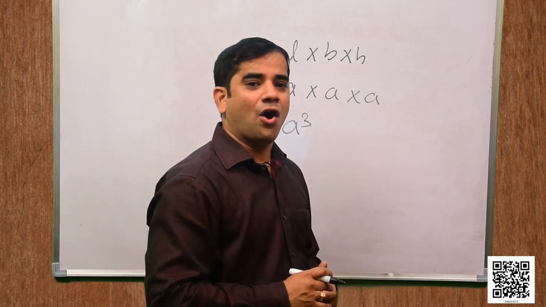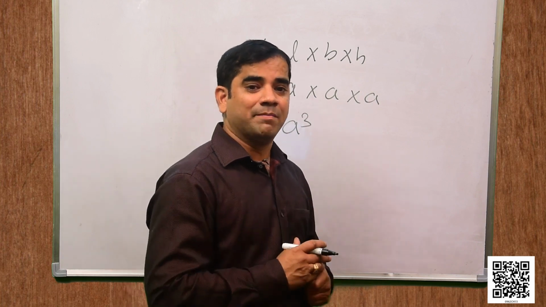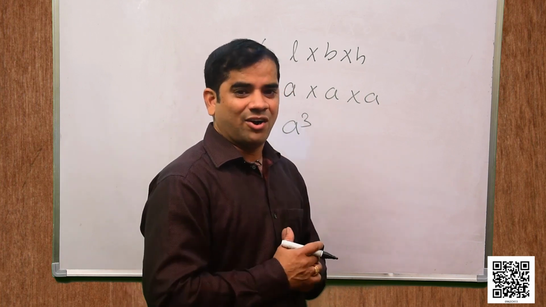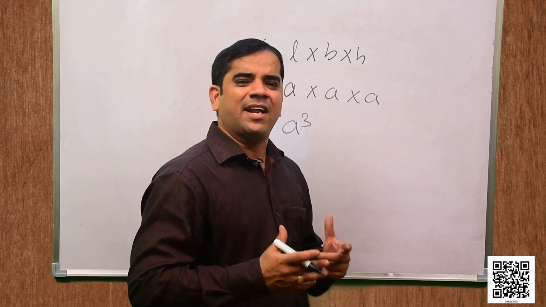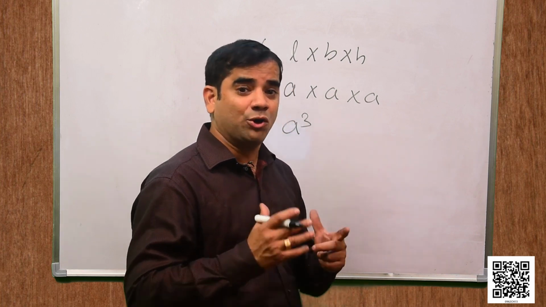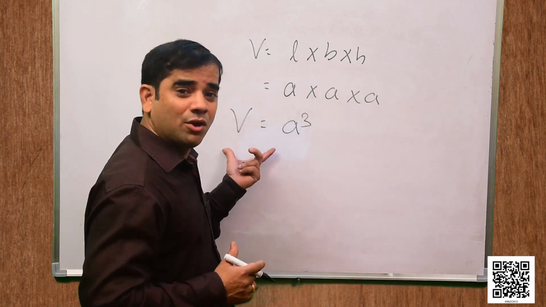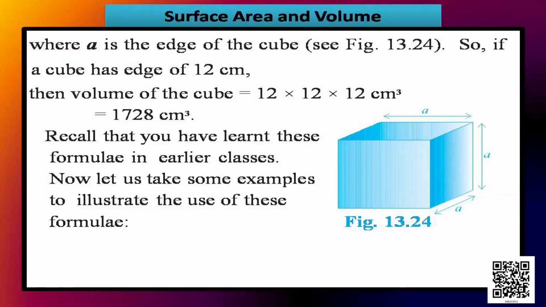So, volume of a cube is A cube, where A is nothing but the edge, or the length, breadth, height. The volume is equal to A cube. Hope you understand this. So, students, if a cube has an edge of 12 centimeter, then the volume of the cube is 12 into 12 into 12 centimeter cube, that is 1728 centimeter cube.